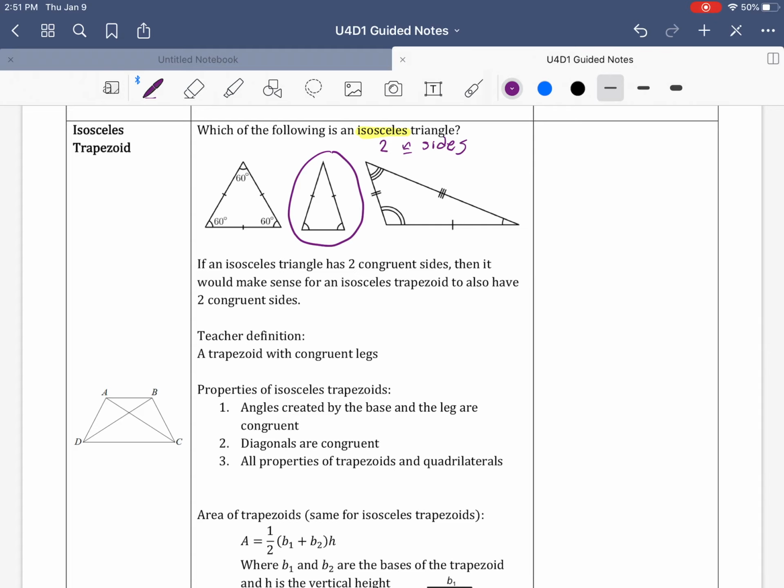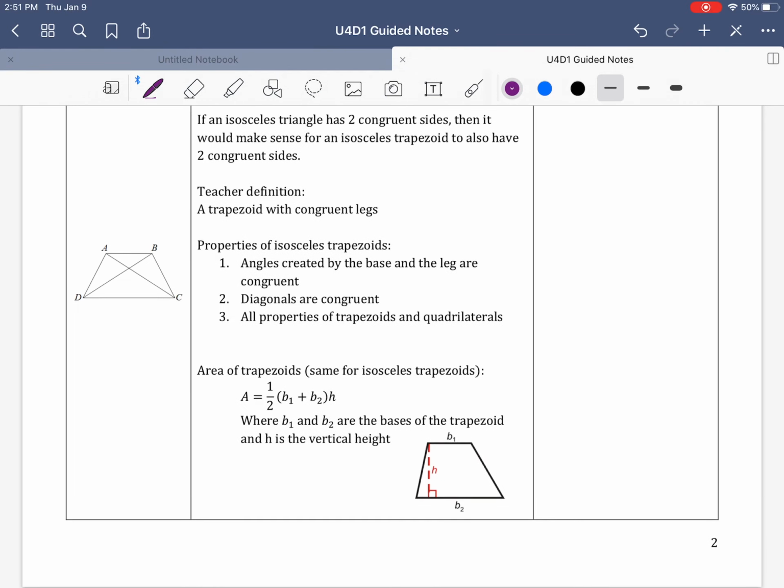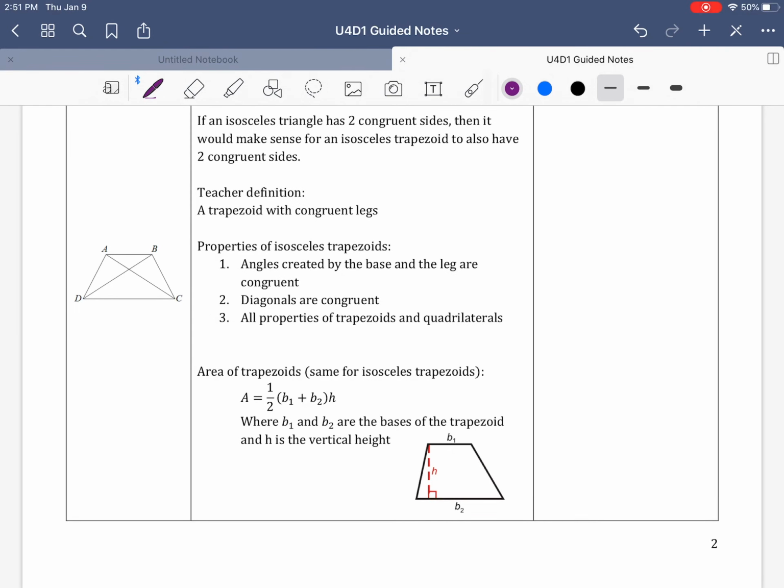So if an isosceles triangle has 2 congruent sides, then an isosceles trapezoid would also have 2 congruent sides. So our definition for an isosceles trapezoid is a trapezoid that has congruent legs.